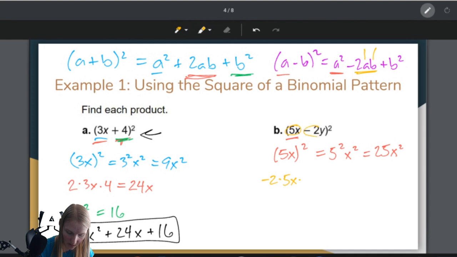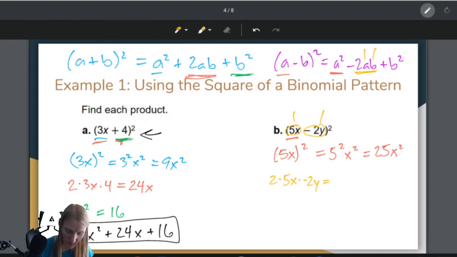The b is our second term here. Oh, whoops. Shouldn't have that minus there because the minus is going to be taken into account right here. Minus 2y. So I still take 2. The minus is going to come on its own. So I'm just going to take 2 times the first term, 5x, times the second term, negative 2y.